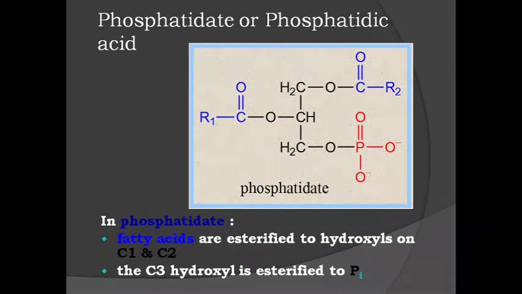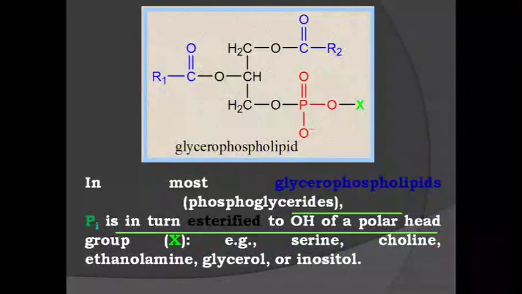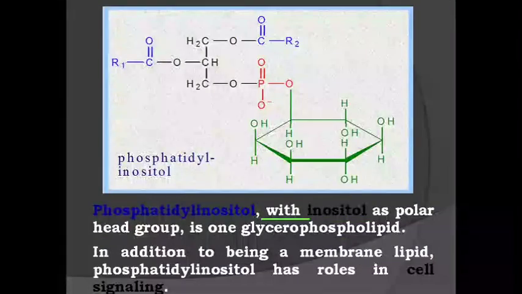Here we can see esterification on C1 and C2. This is the glycerophospholipid common structure, and here X is variable. It may be serine, choline, ethanolamine, glycerol or inositol.